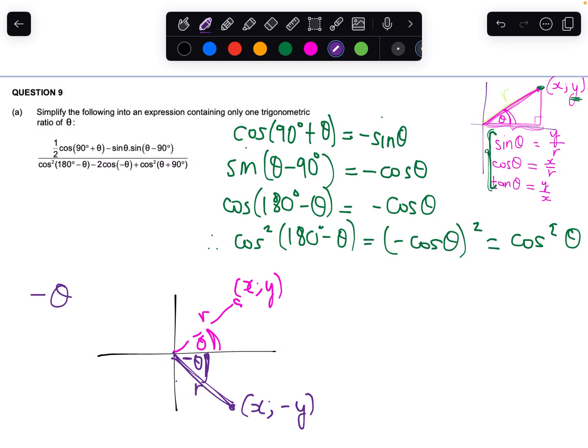So cos of negative theta will be this guy, x, over this guy, r, which is just the same as cos of theta. Right.